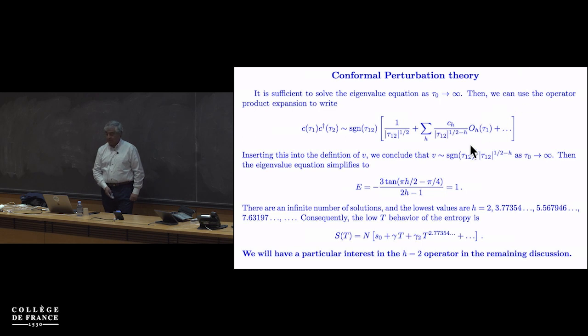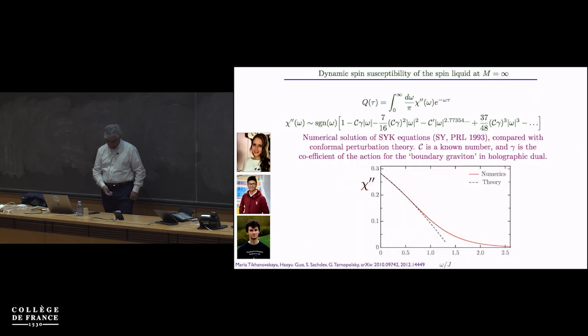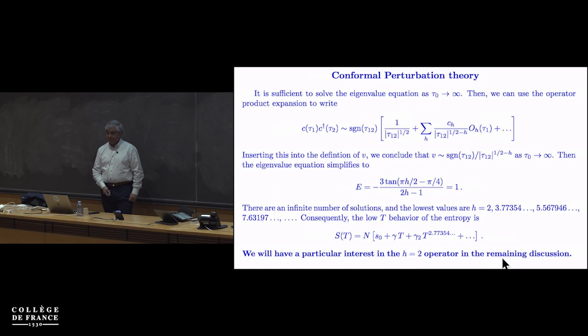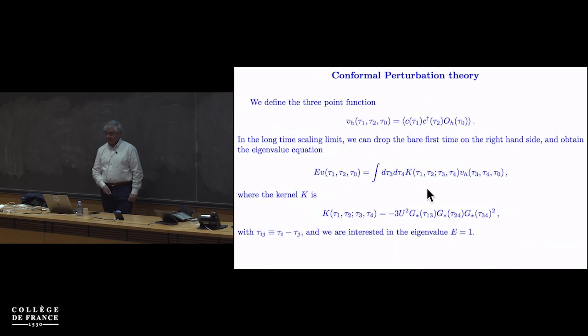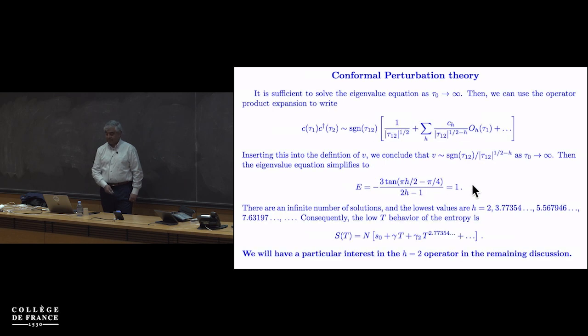All right, so now you know the behavior of V on tau 1, 2. You just go back and insert it into this equation and do the integrals over tau 3 and tau 4. And you find that the equation is indeed satisfied. You get the same function of tau 1, 2 on the 2 sides. And put E equals 1, and then you get a condition on h. So that's how you get this very famous equation right here for h.